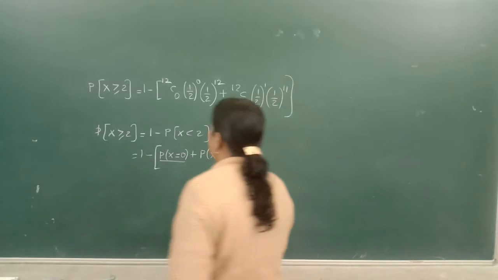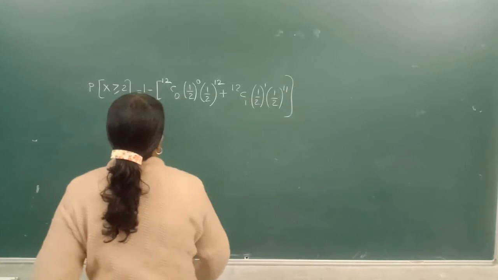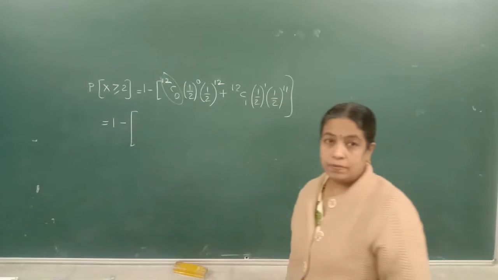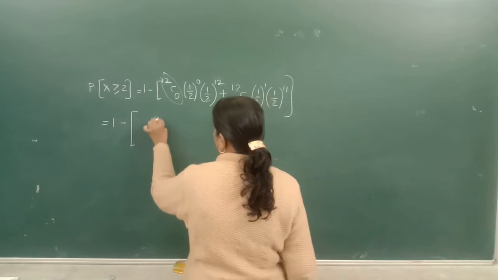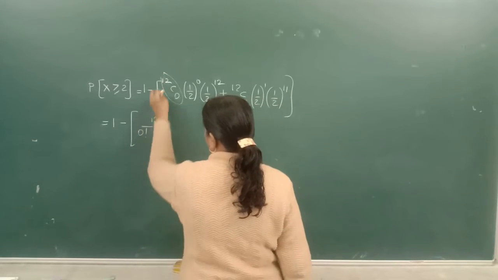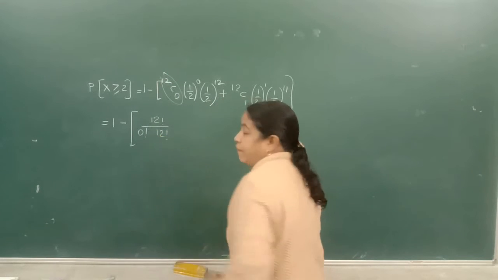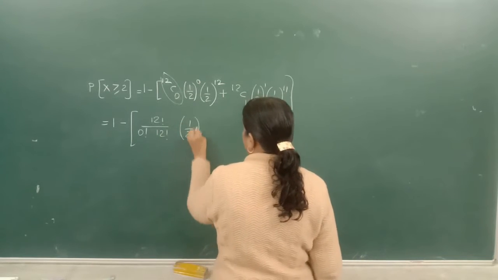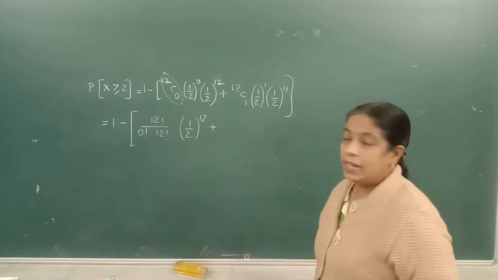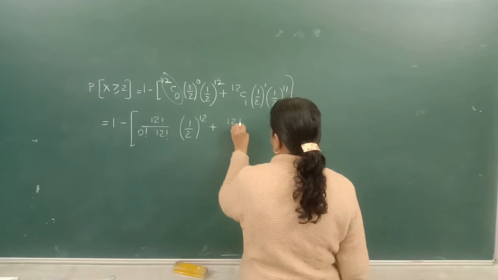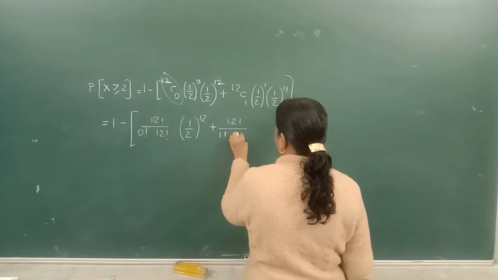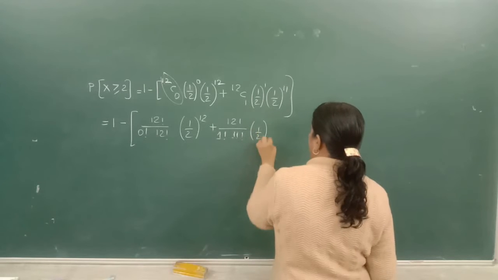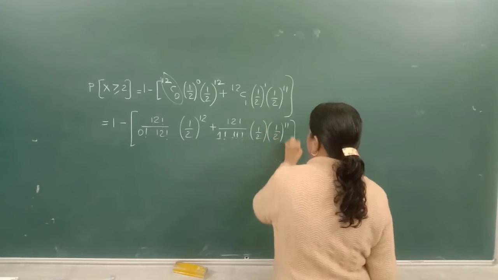I will show you the shortcut method. Now 1 minus this thing we want to find out. As per our definition, it is 12 factorial upon 0 factorial into 12 minus 0, that is 12 factorial. Now 1 to the power 0 is 1, 1 by 2 to the power 0 remains 1. Now here 12C1, 12 factorial upon 1 factorial into 11 factorial. 1 by 2 to the power 1 remains 1 by 2, into 1 by 2 to the power 11.